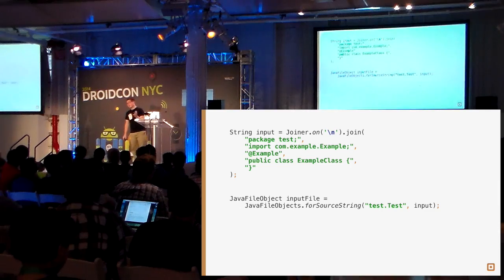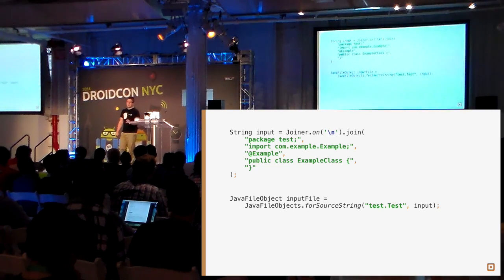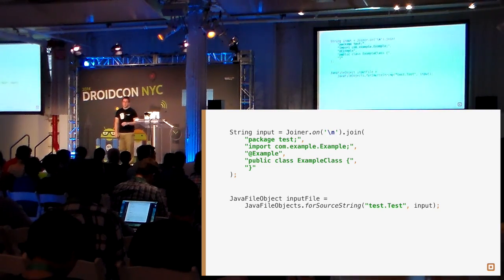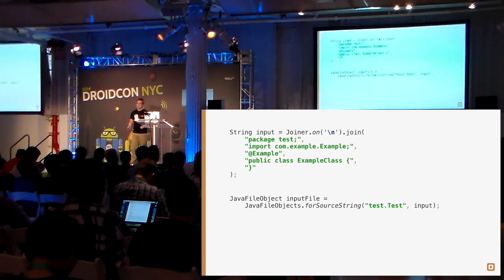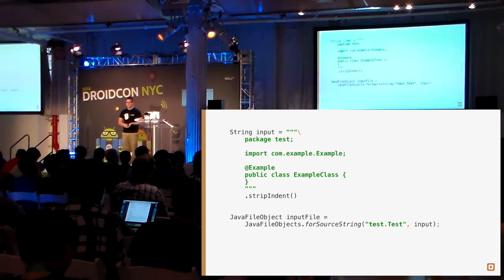You might remember from when we were interacting with the filer that this is the same type the filer gives you back. So we're giving it the fully qualified class name here, and then the string representation of the contents. I also recently learned that Groovy has this awesome feature where you can do multi-line strings and then chop off the indent, which is also whenever you're testing Groovy, it's pretty gnarly.